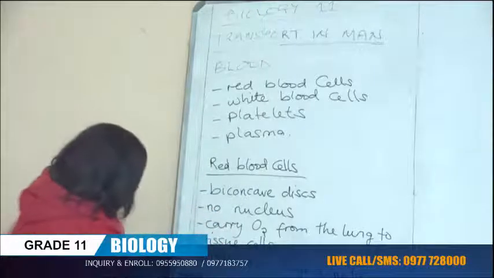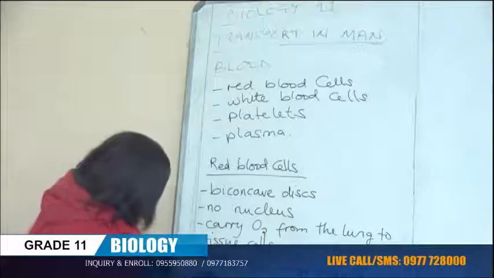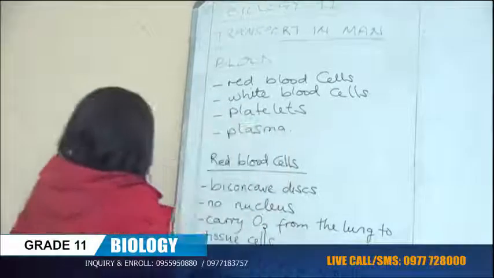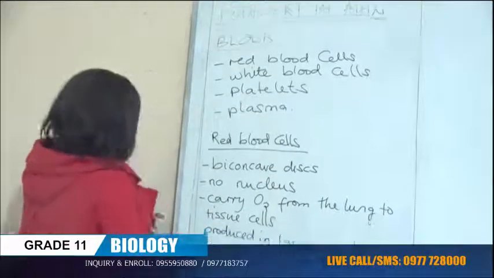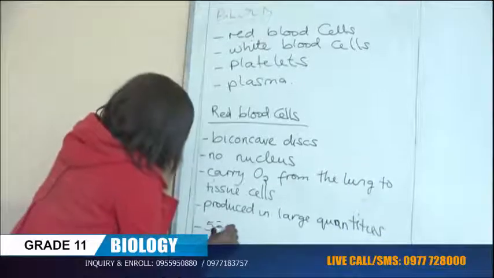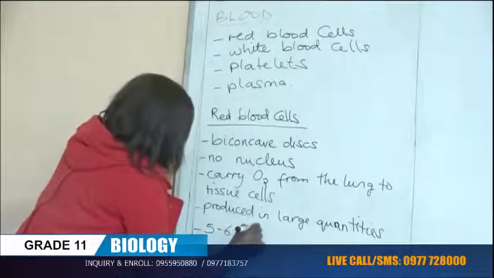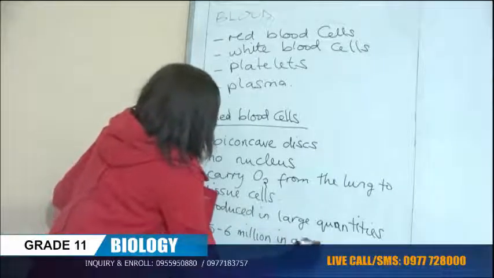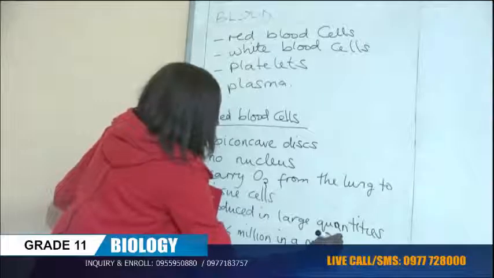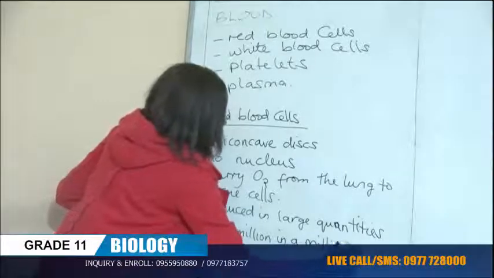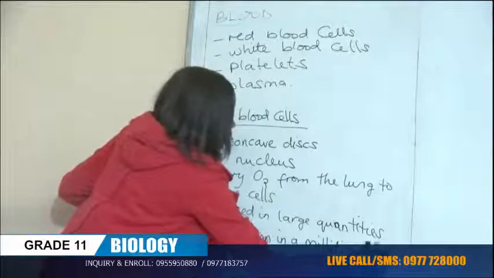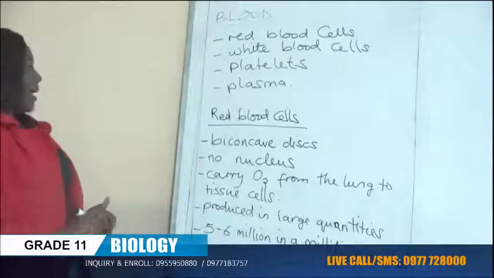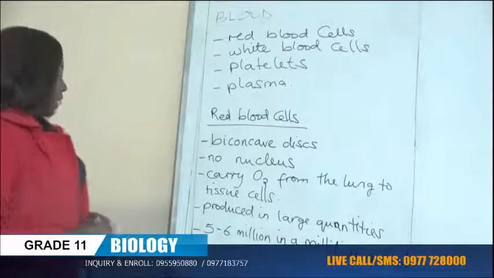They are small in size because in about a milliliter of blood, there are 5 to 6 million. Okay. All right. So these are the characteristics of red blood cells.